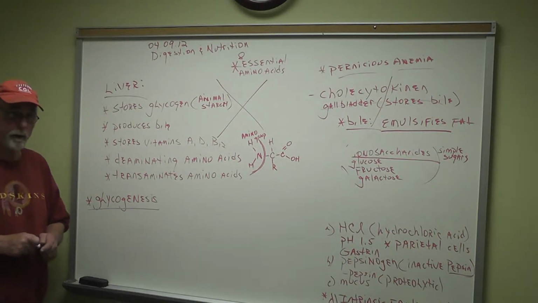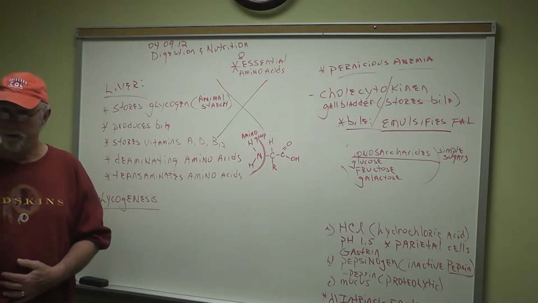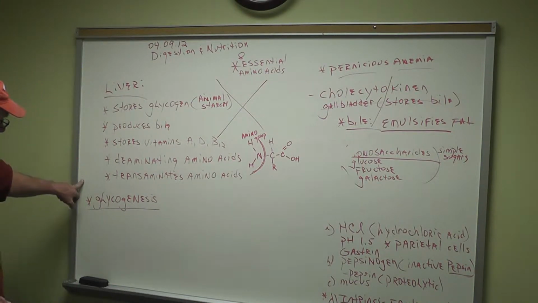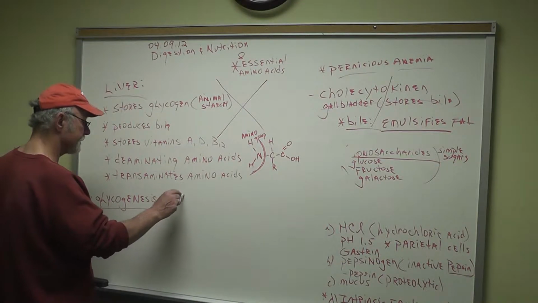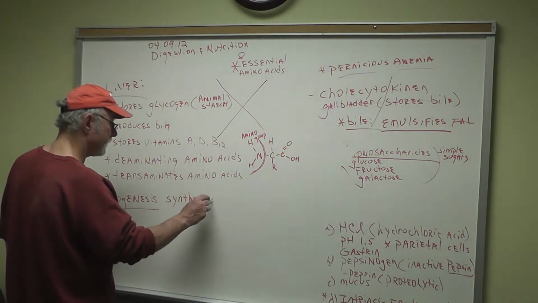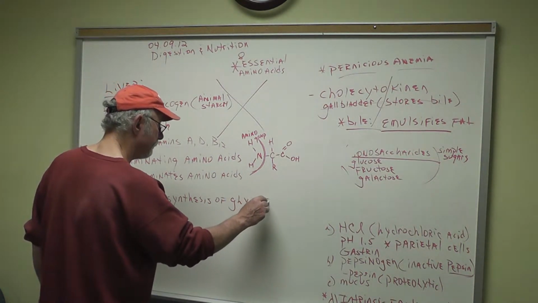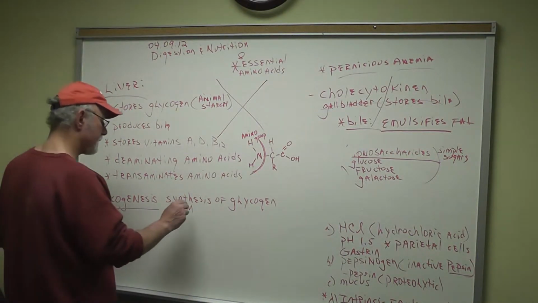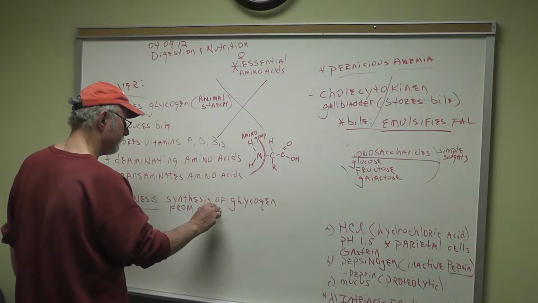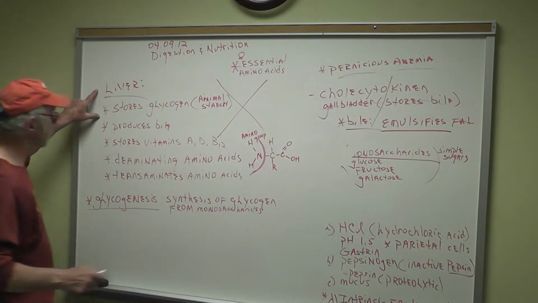So when we take in excess carbohydrate, along with storing some of it as fat, the liver can take on this process of glycogenesis, and that is the synthesis of glycogen from, we'll say, monosaccharides, so that it can be stored for later use.